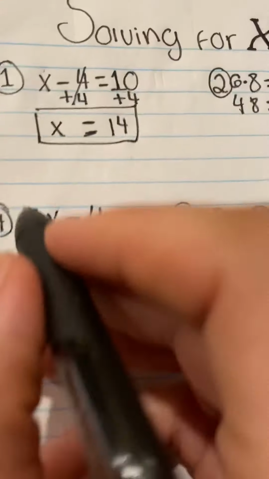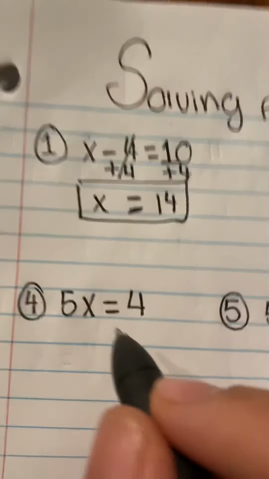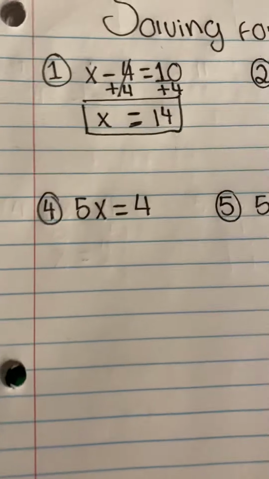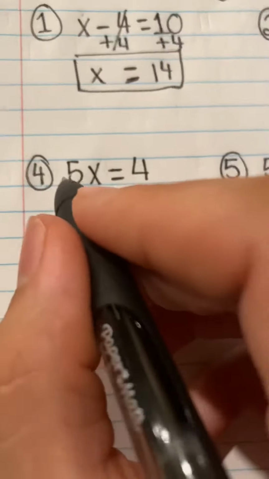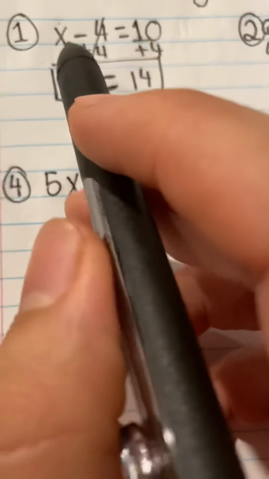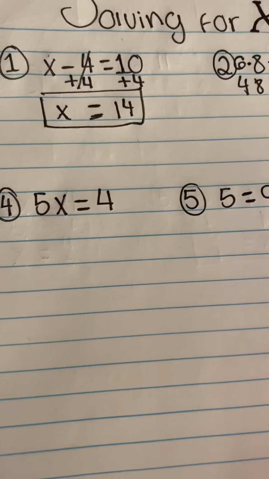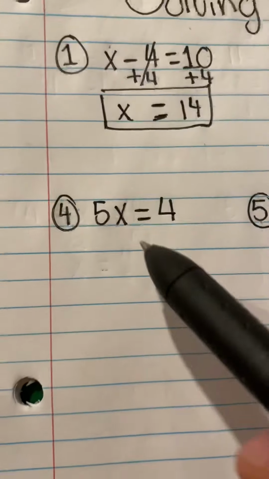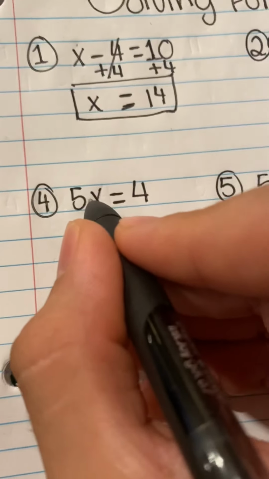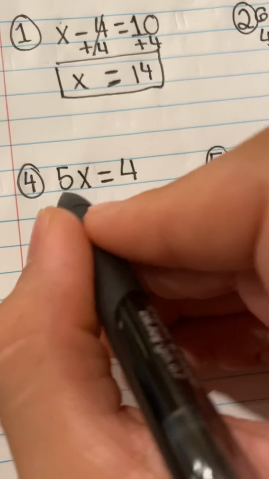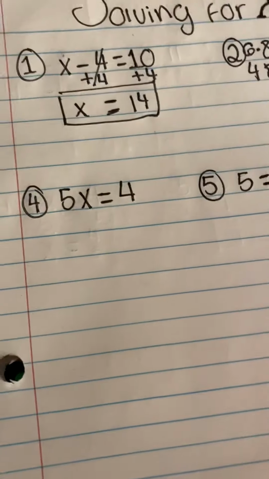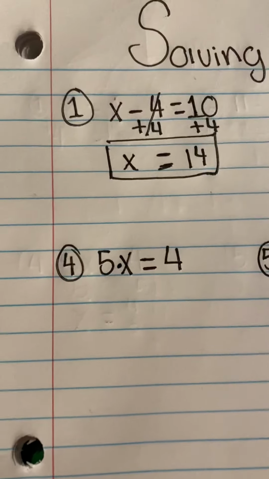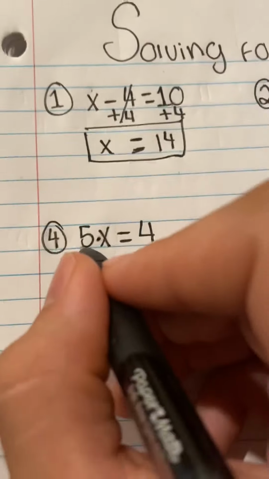Let's move on to number 4, which says 5x equals 4. And here you see that we're doing something different. We're not adding, we're not subtracting or dividing, right? Here we're multiplying, because you see that the 5 is with the x, and you cannot just combine them. Just imagine that there's a little dot telling you that you're multiplying.